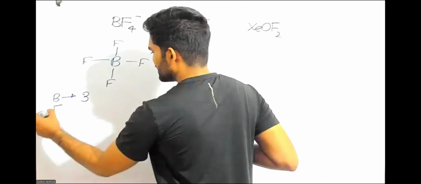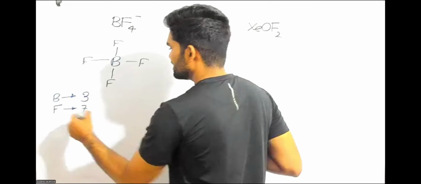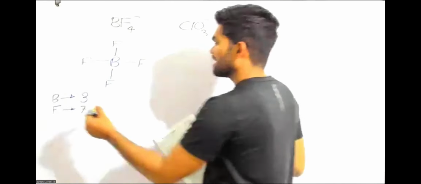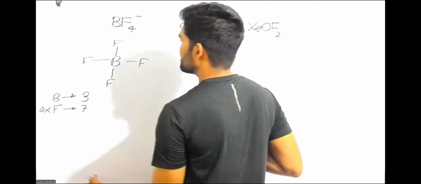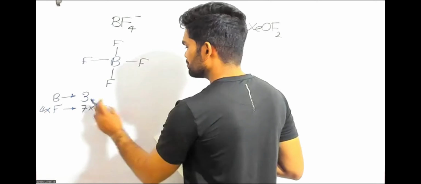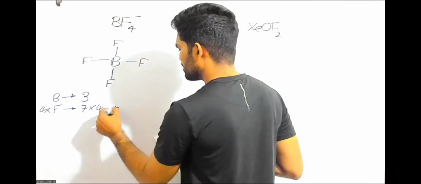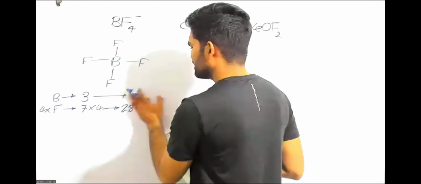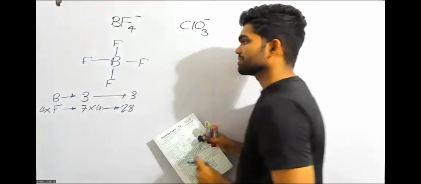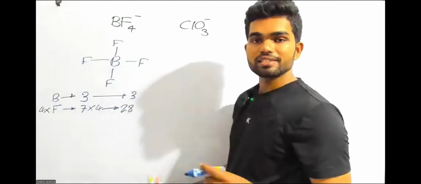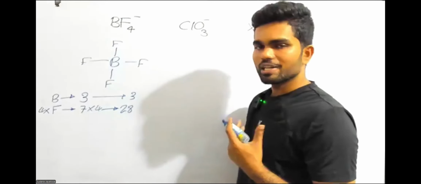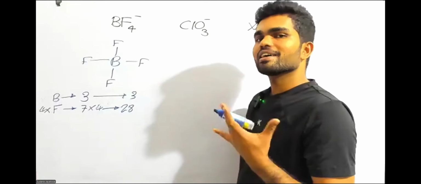And one fluorine atom has 7 valence electrons because it is in group 17, right? And there are 4 fluorine atoms, so 7 into 4 gives a total of 28 electrons. And we can't forget the charge. It is BF4 minus. The negative charge means an extra electron.